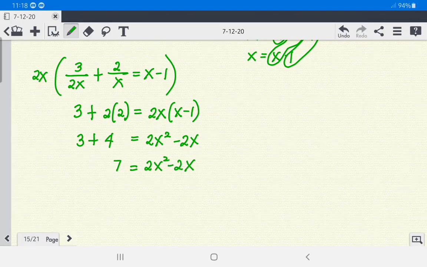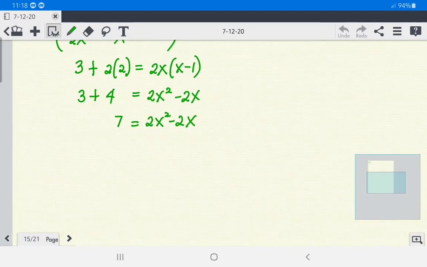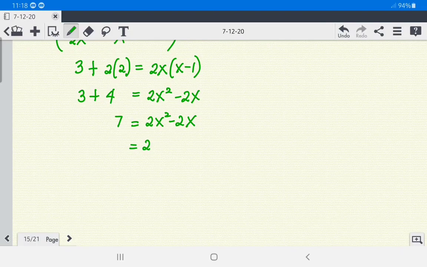Now, we can transpose the quadratic term 2x squared and then the linear term negative 2x to the left side, or we can transpose 7 to the right side. So, for us to make it easier, let us just transpose 7 to the right side. So, we have 2x squared minus 2x minus 7 equals to 0.